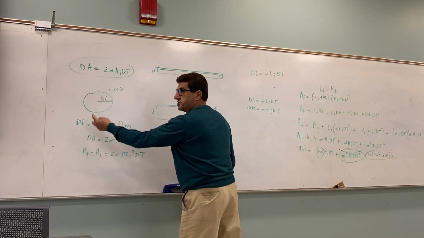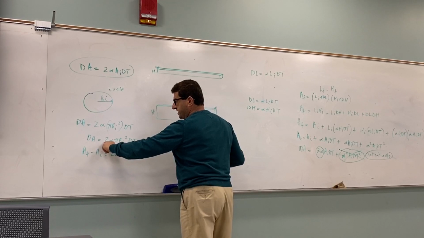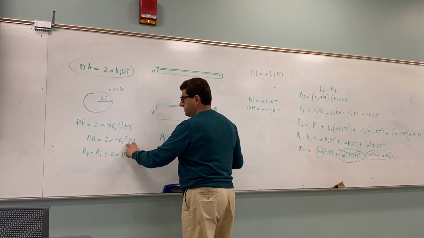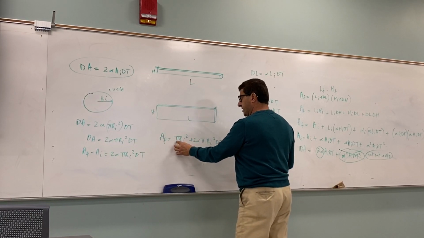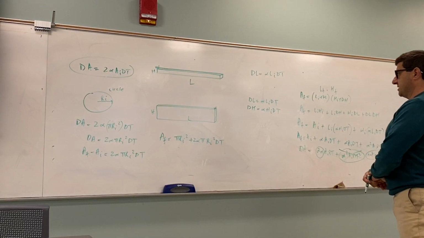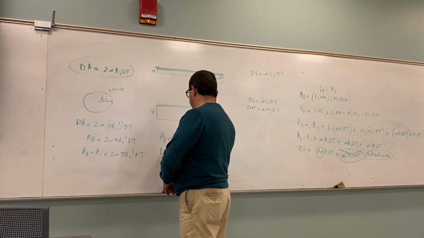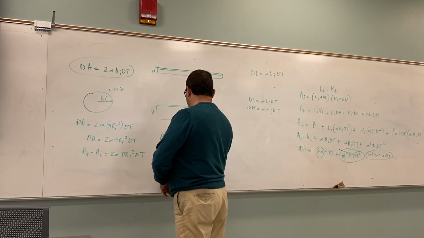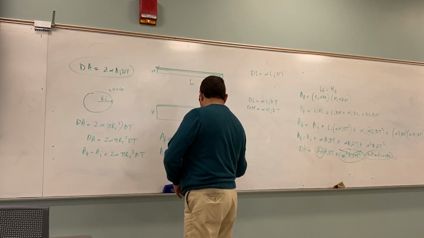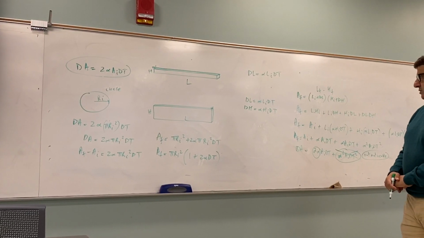So the delta A, the change in the area, is proportional to twice the alpha times the original area times delta T. But then I add that to the original area, pi r initial squared. That's going to give me the final area, so we could say A final is pi r initial squared times 1 plus 2 alpha delta T. Right?